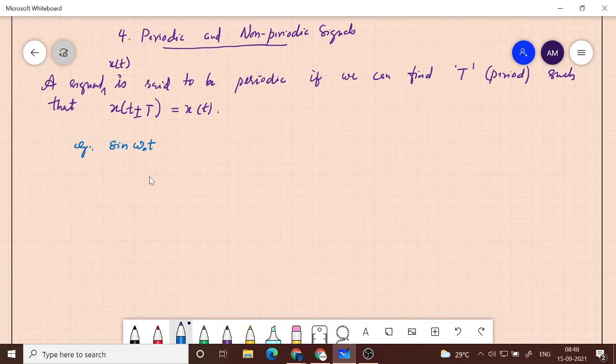If it has to be periodic, then as the condition requires, can we find a time T such that when you replace t, which is basically a shift operation we have already seen, it could be plus or minus, can we find a T such that this is equal to sine omega 0 t? This is the check that we need to do.